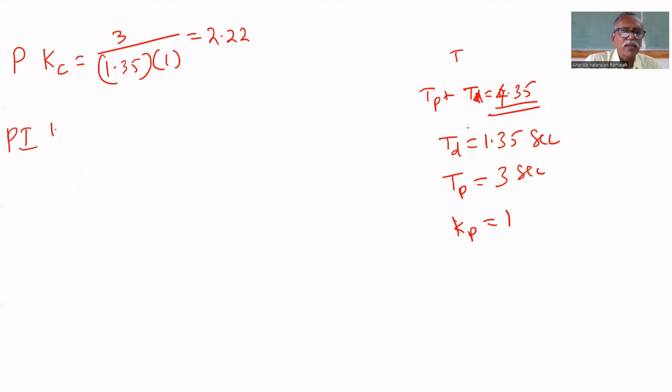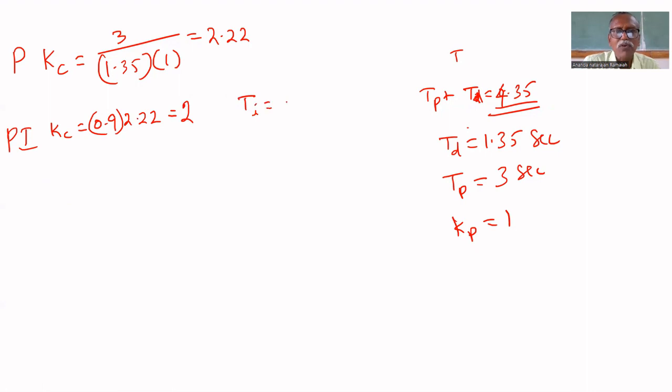For PI controller, Kc equal to 0.9 times 2.22. How much? Exactly 2. Okay, Kc equal to 2.